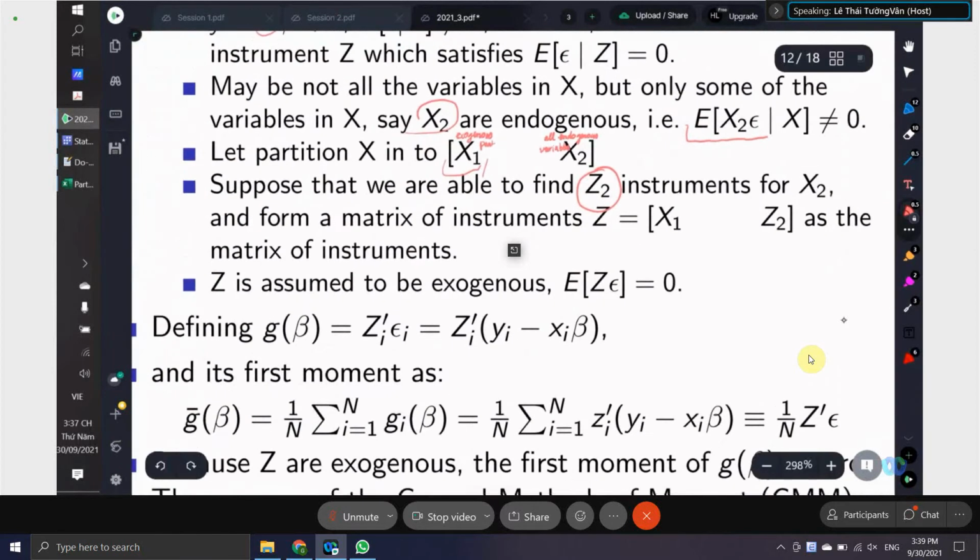Then we form the new matrix Z, which is equal to X1 and Z2.